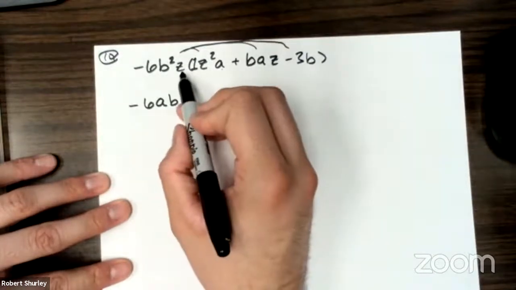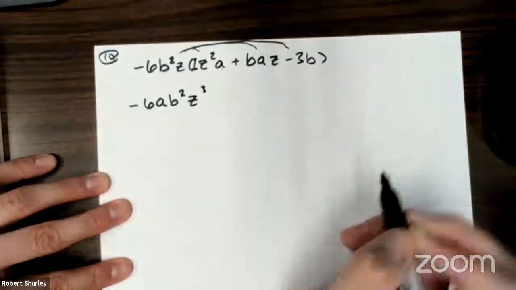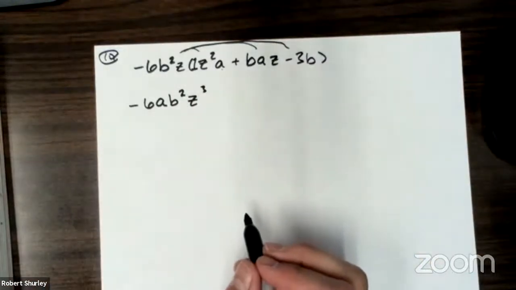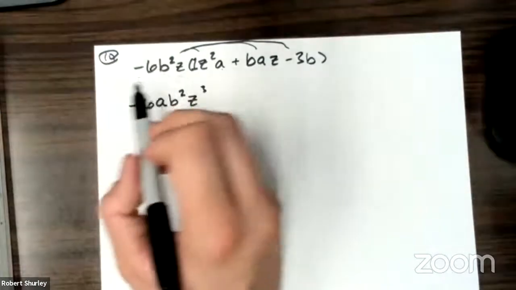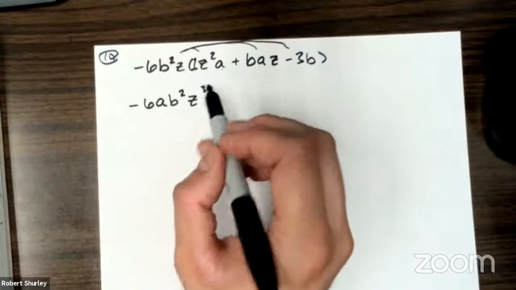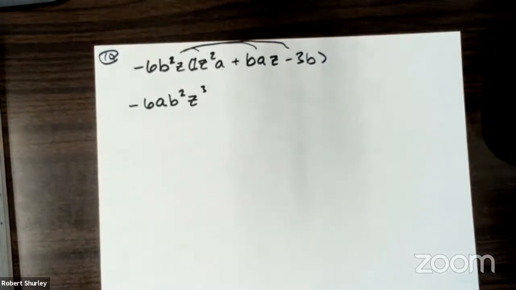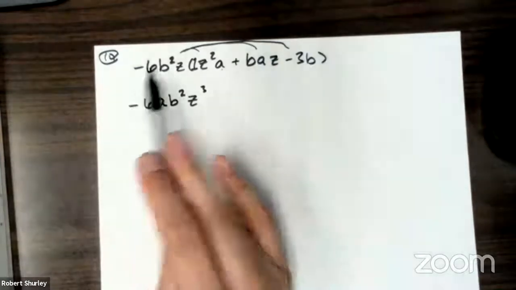So the only thing really to combine is the z and the z squared. So that becomes z cubed. So the first term, when you multiply this monomial into the first term in this trinomial, becomes negative 6 ab squared z cubed.